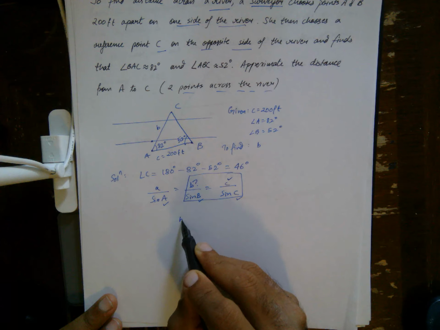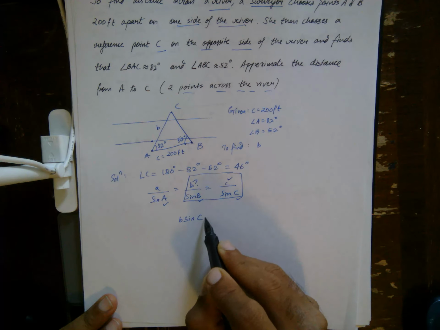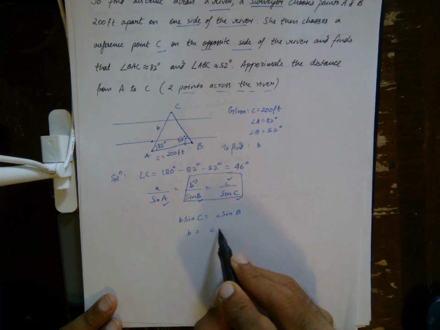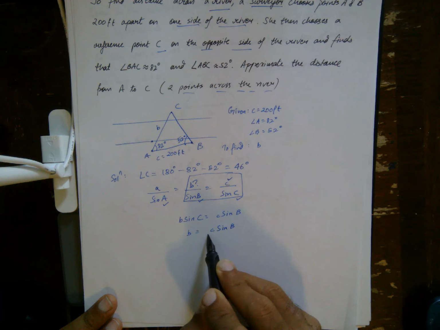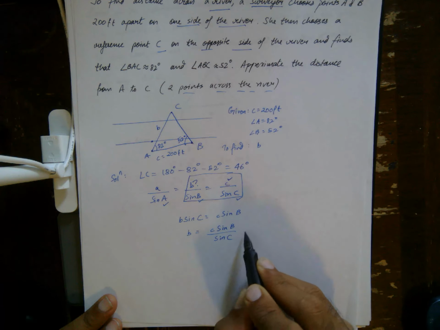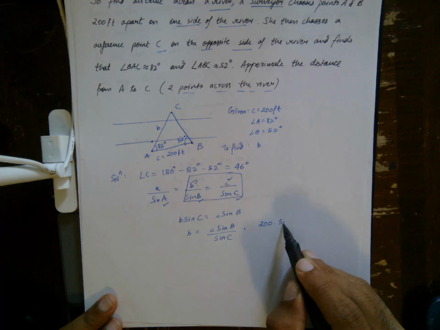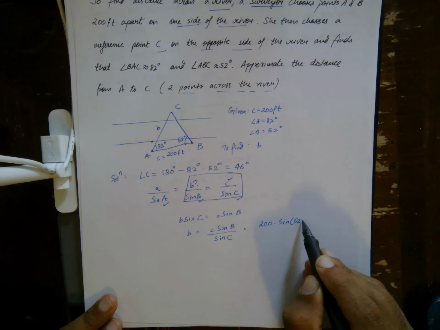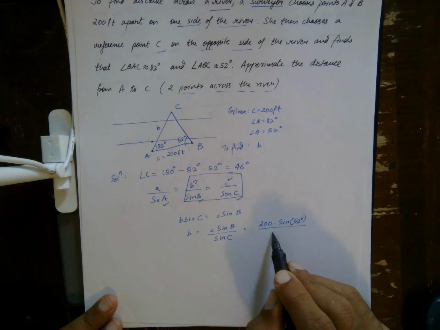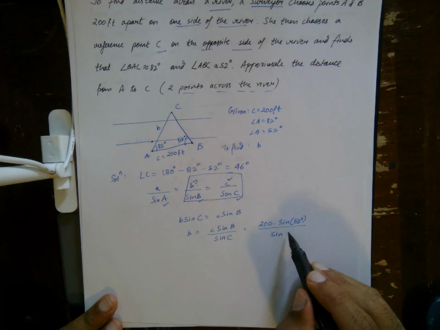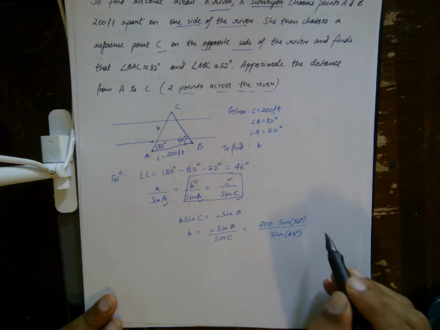Cross multiplying, I get B sine C is C sine B. So B is C sine B over sine C. Plugging in, that's 200 times sine of 52 degrees, over sine of angle C, which we just found to be 46 degrees.